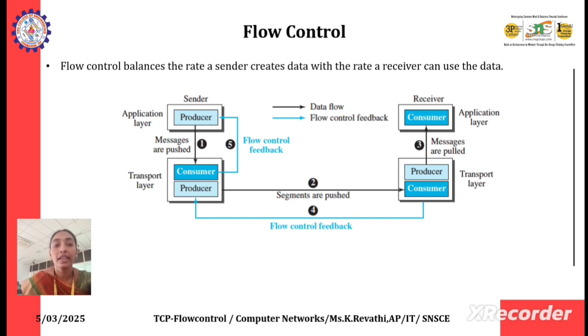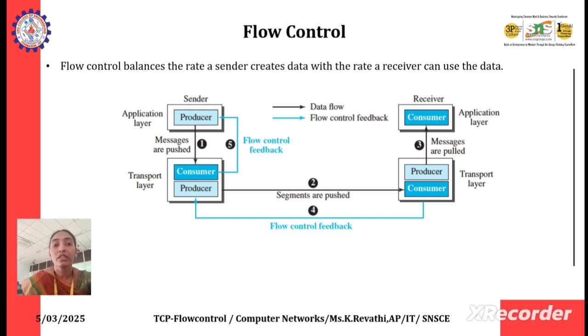Then again the producer is in the transport layer, then the other receiver side transport layer is the consumer, and on top of the transport layer is the producer, and the receiver side application layer acts as a consumer.